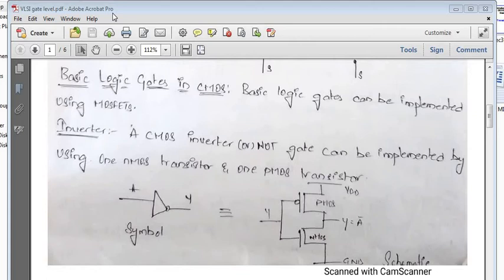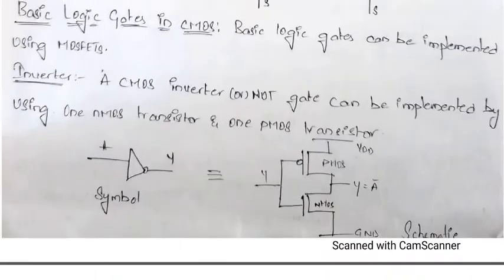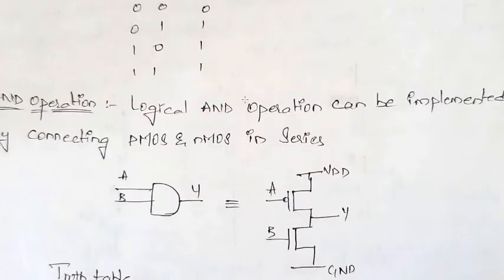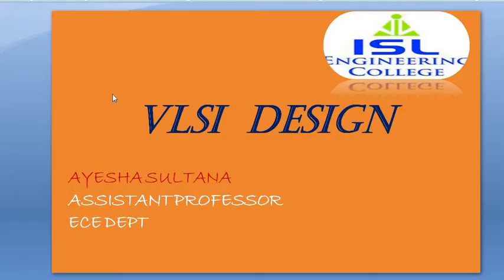We saw these logic gates in CMOS, the OR gate, the AND gate, and then the AND-OR inverter, AOI and OAI: how to draw the logic diagram and the basic circuit. All of that we saw in yesterday's class.